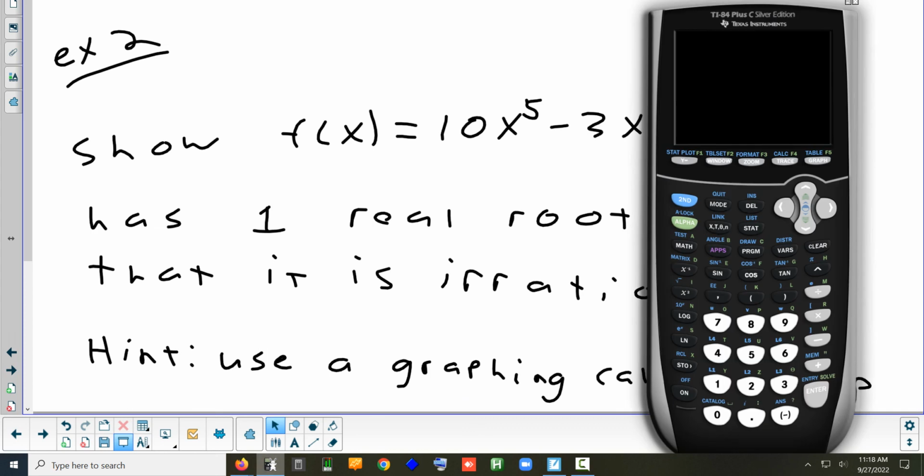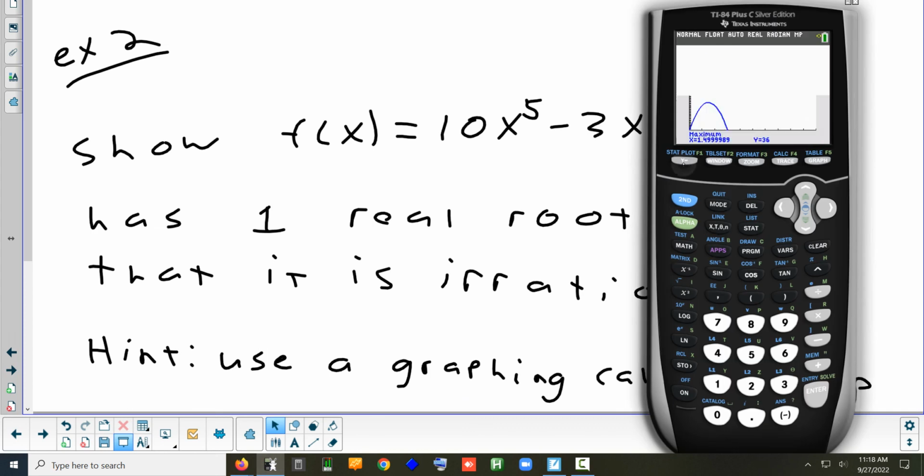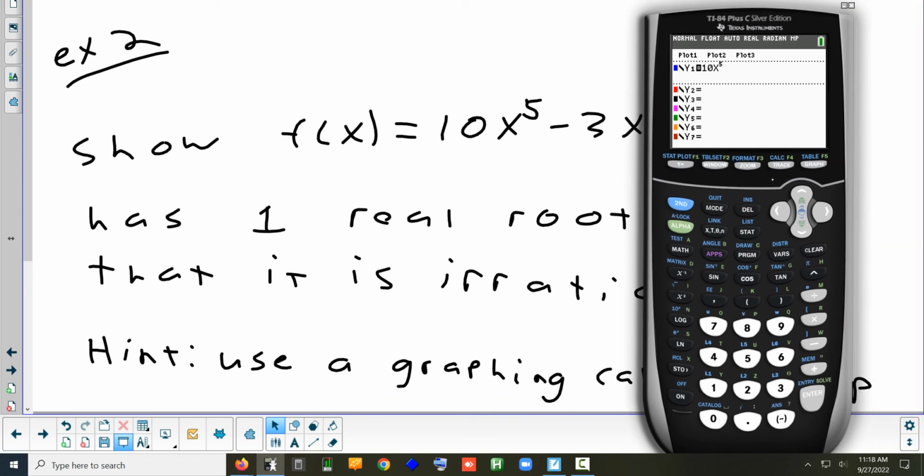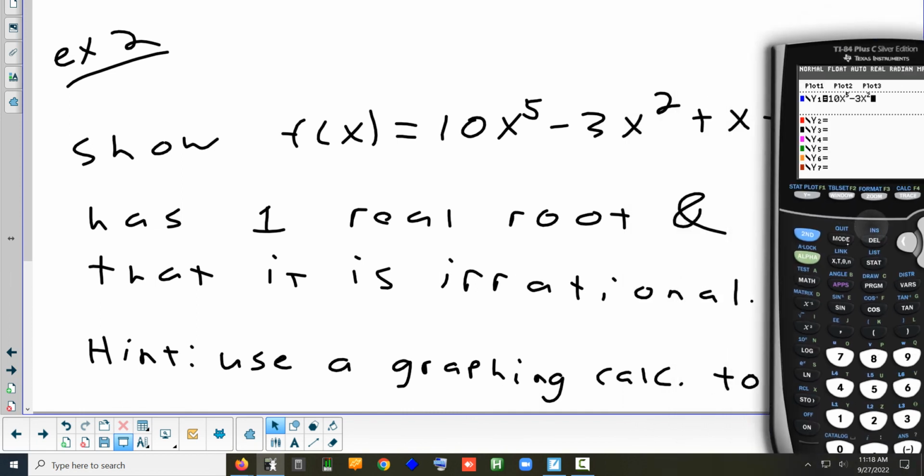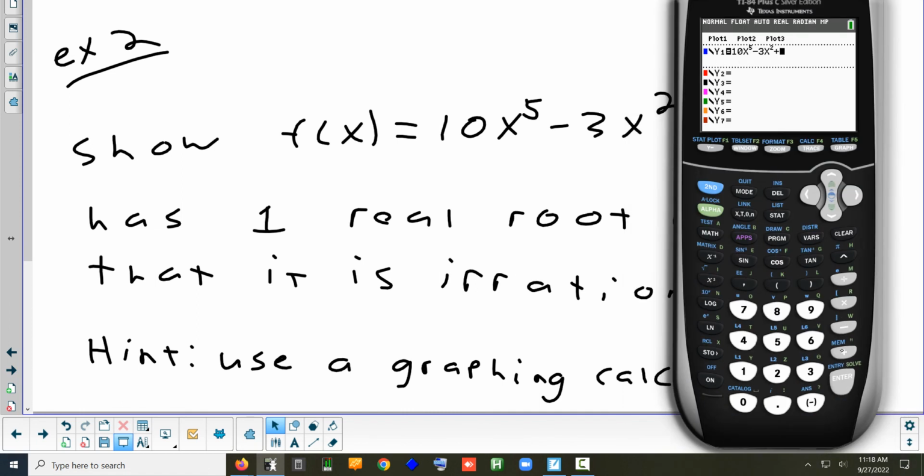So let's graph that. So we've got 10x to the 5th minus 3x squared plus x minus 6. I know zoom 6 is going to be fine because my answers are between -6 and 6.